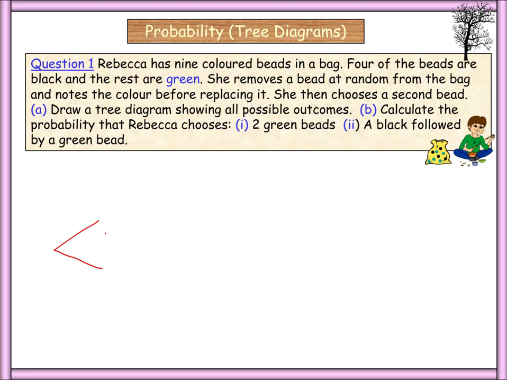And what are the outcomes she can have? Black or green. Probability of selecting a black bead from the bag, 4 are black out of the 9, so 4 out of 9. And 5 out of 9. And then she has a second go.